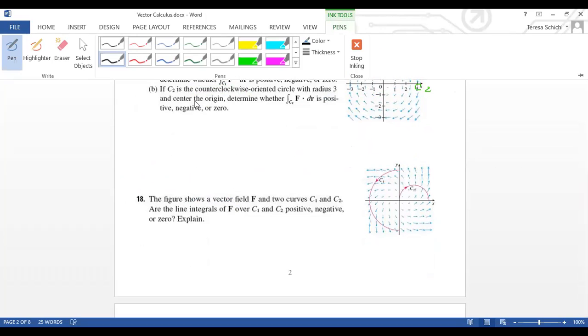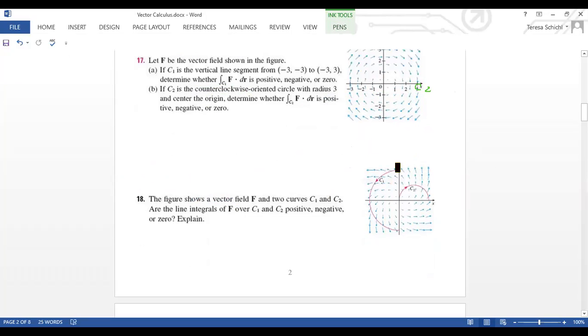I have a field, a C1 and a C2. C1 is this way, I go the counterclockwise. I want to see whether the line integral of F dot dr over C1 is positive, negative, or zero. C1 is going this way, and it looks like it's going in the same direction as your force turning.